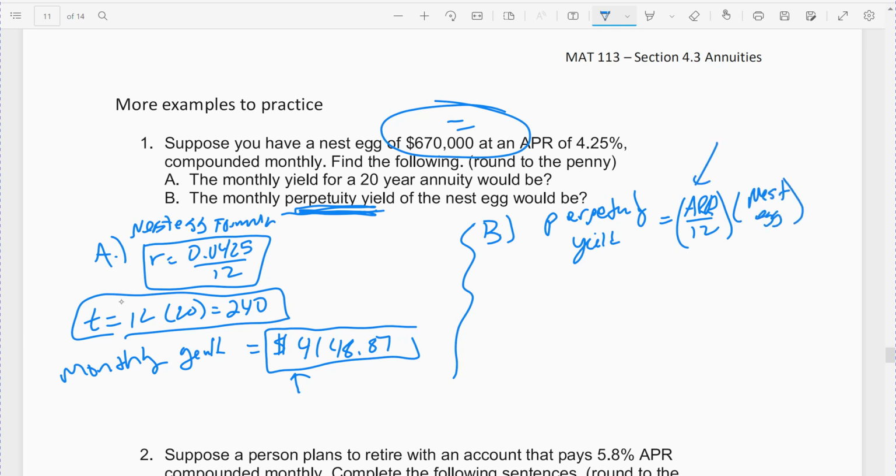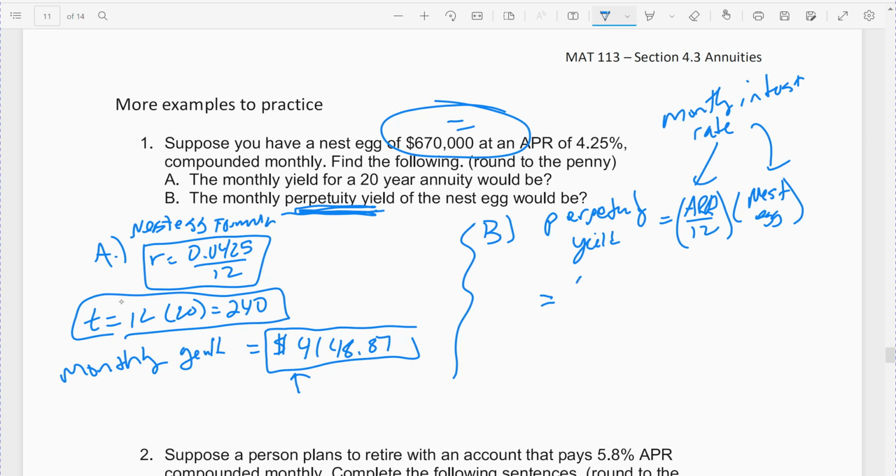You take your monthly interest rate, that's what this is, times the amount of money that's in there every month, because you don't touch the nest egg, you leave that same exact amount of money in there every month. So you get the same dollar amount out. And again, all you're doing is taking the interest. So basically you're spending the interest and leaving the principal alone.